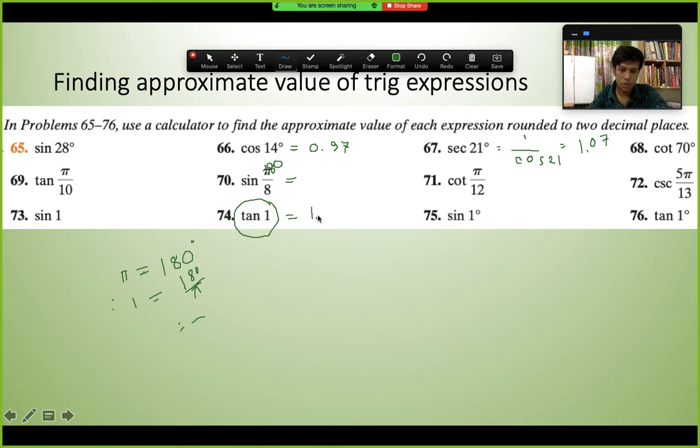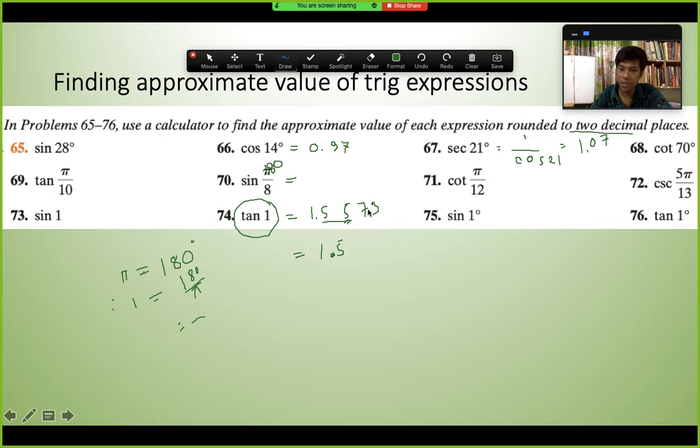The answer comes 1.5573. If we round this to 2 decimal places, we have to write up to here, putting a dot here. But you see, after the digit 5, the next number is 7, which is more than 5.